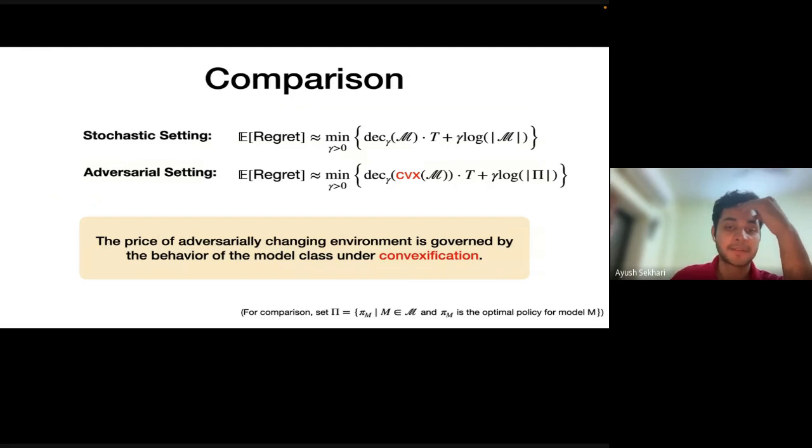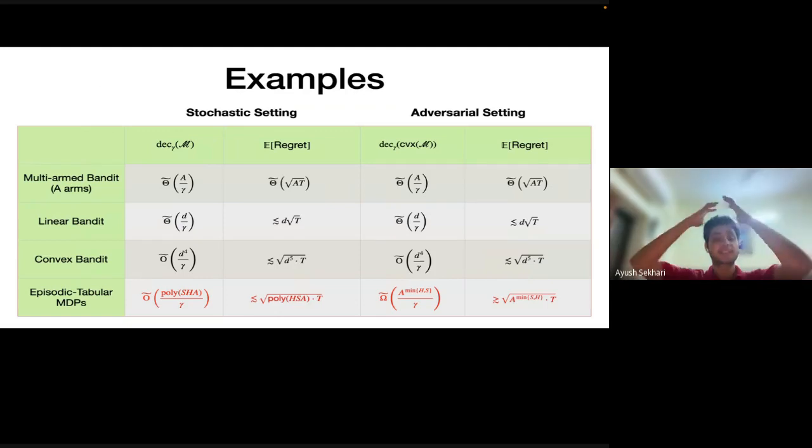In some problems, the price of this convexification is mild. On the other hand, for some problems, the price of this convexification could be significant. For example, if you consider simple bandit problems like multi-armed bandits, linear bandits, even convex bandits, the DEC for the model class is the same as the DEC of the convex hull of the model class. And this immediately tells us that the min-max regret in the stochastic setting and adversarial setting are equivalent to each other up to the discrepancy between log M versus log Π.